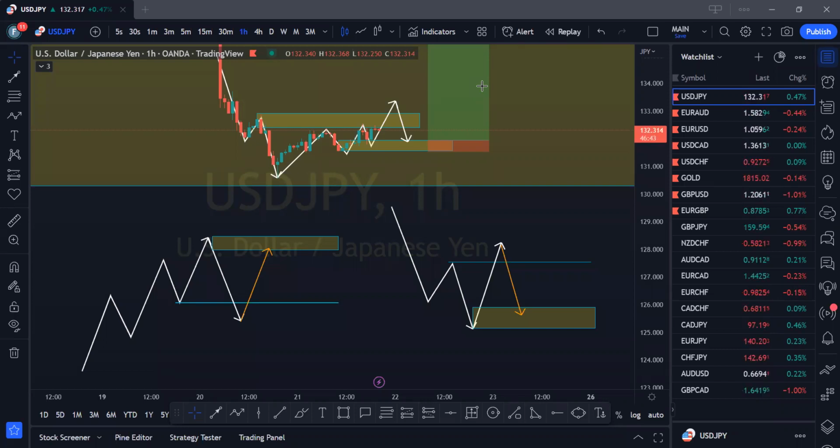Mr. Ambrose is asking, can we check gold? Mr. Akumi is asking, please drop the entry prices for the pairs, their stop loss and TP. I will not be able to drop the entry prices because this is not a signal. This is a trade idea. At the end of the day, you have to be the one to take entry based on your strategy.